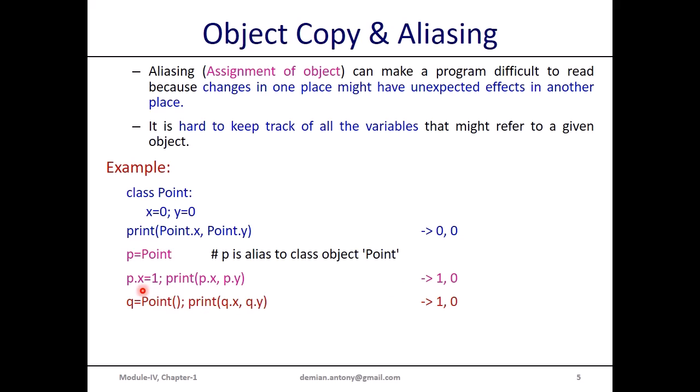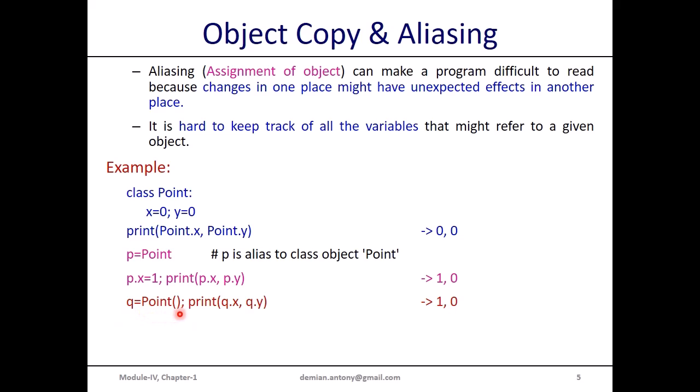Let me create the object now. I am creating an object Q with the values 0 and 0. But what is the result I am going to get? If I print Q.x and Q.y, I get 1, 0, which is unexpected.